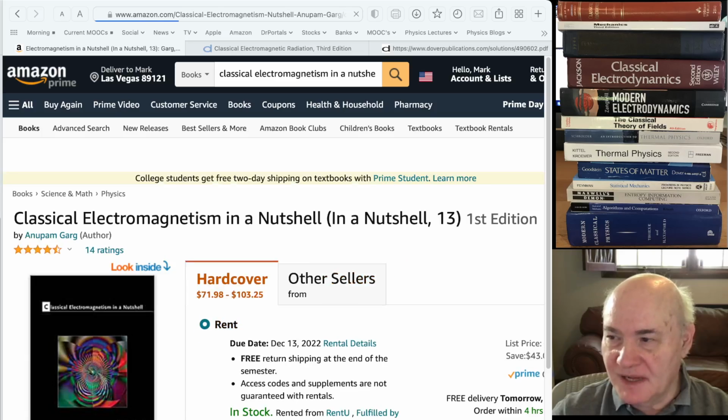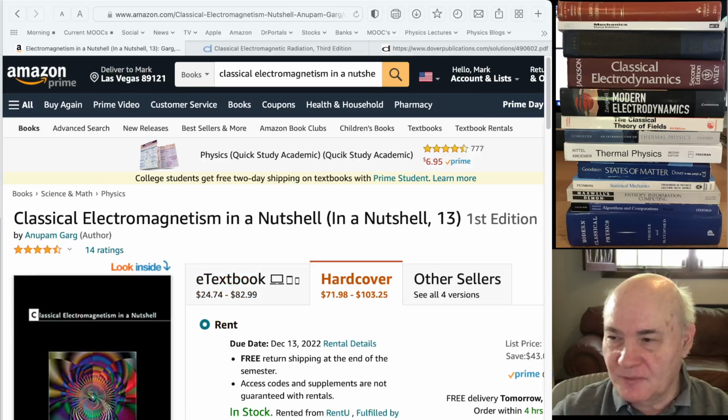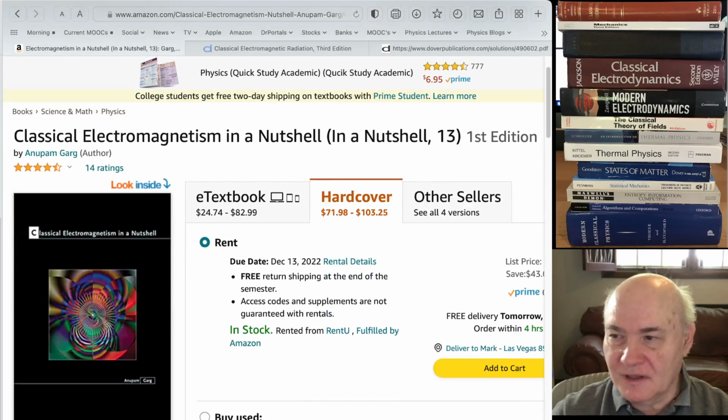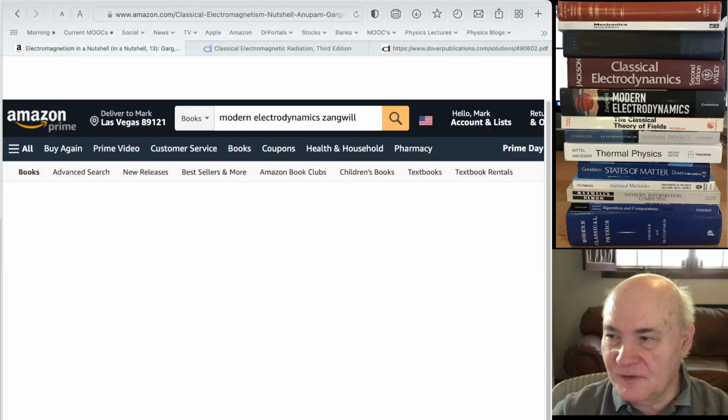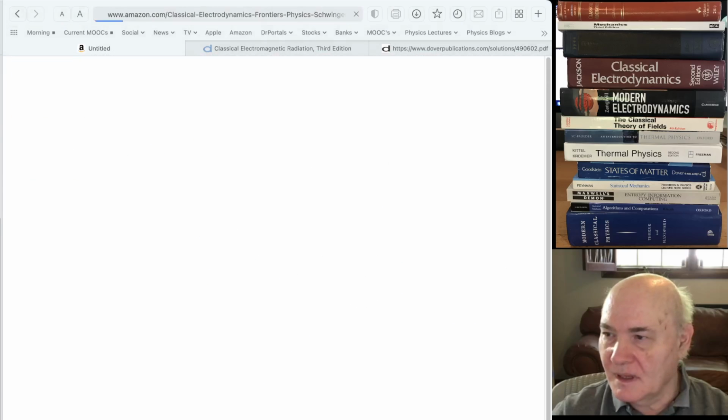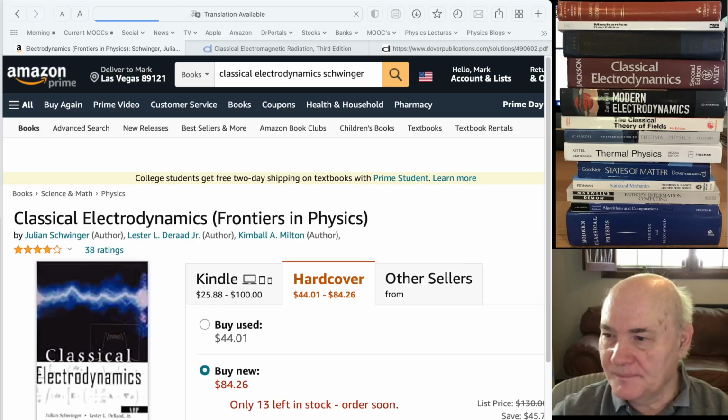Another book that I'm not that familiar with, but that a physics professor of mine was asking about, or was actually looking for a book to recommend, is Classical Electromagnetism in a Nutshell. I think this is very similar to Zangwill's book.